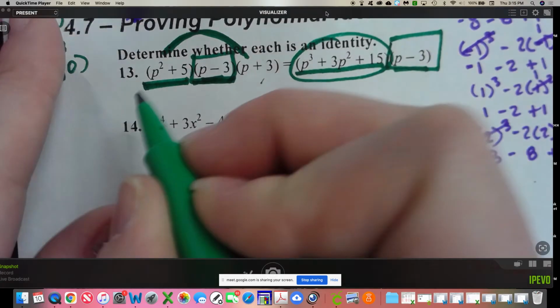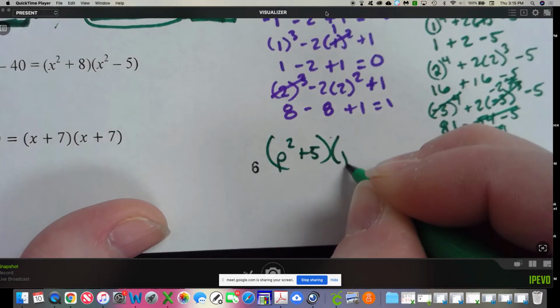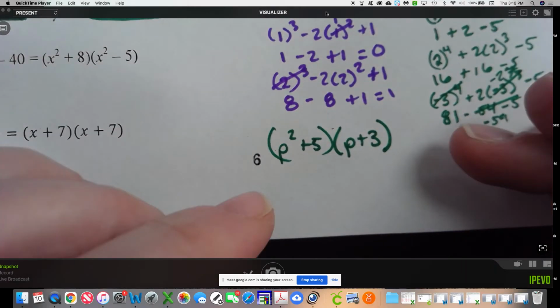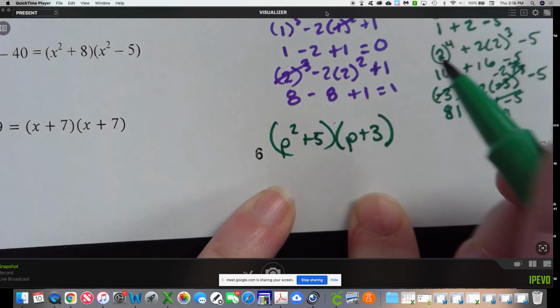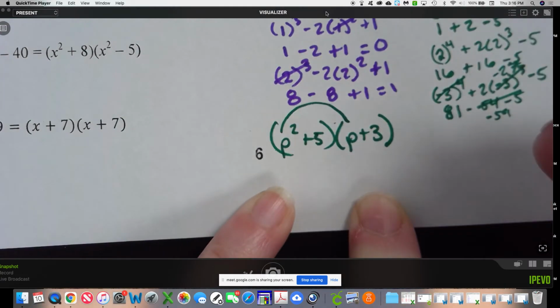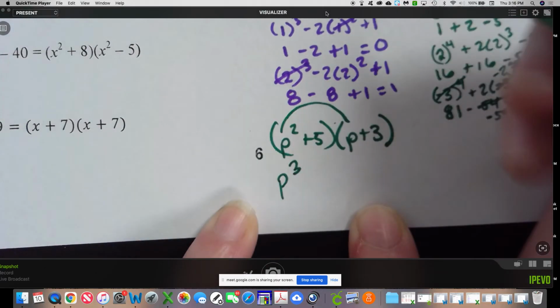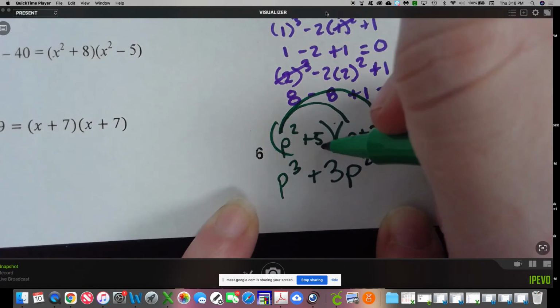Let's start by taking p squared plus 5 times p plus 3. Okay, and we're going to multiply those two together first. All right, so FOIL: p squared times p to the third, then p squared times 3, 3p squared, 5 times p, plus 5p, 5 times 3 is 15.